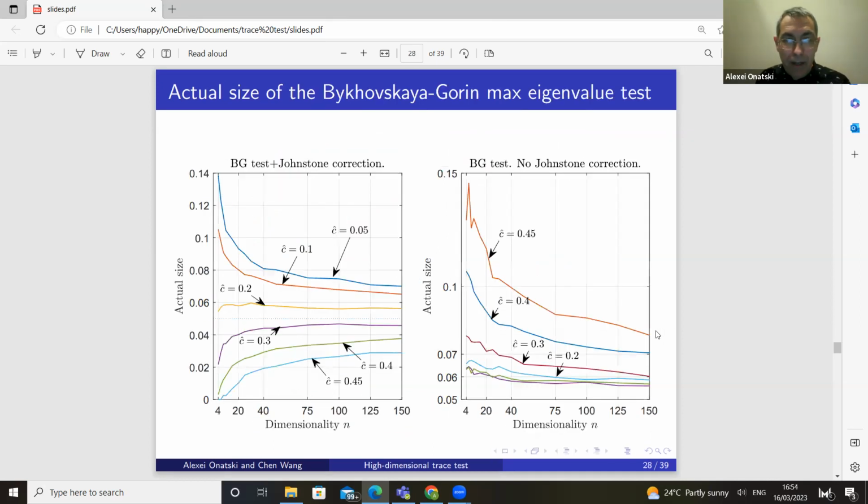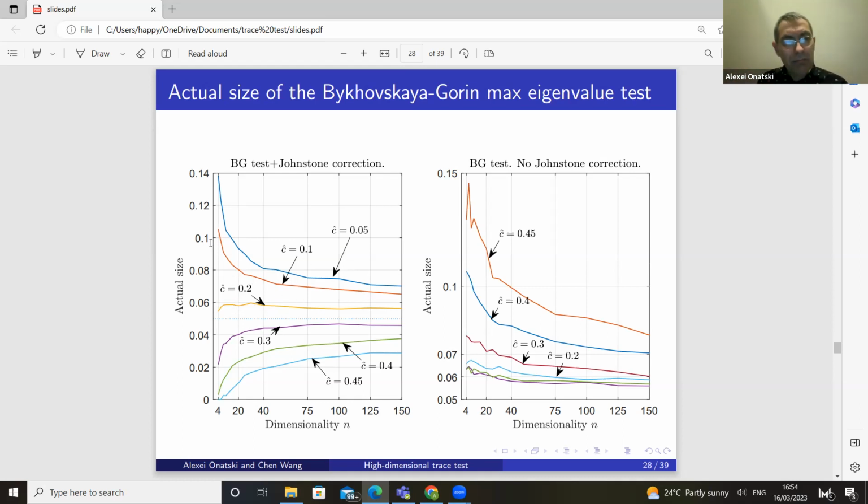Well, anyway, so this is the size of Anna's and Vadim's test, and there are 2 versions of the test that they propose. One is using the so-called Johnstone correction, and the other is without correction.